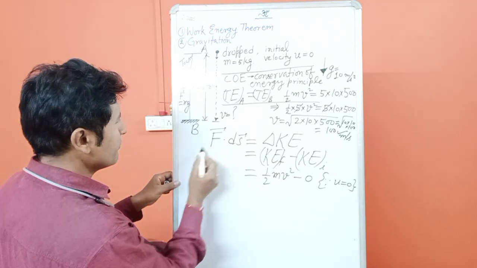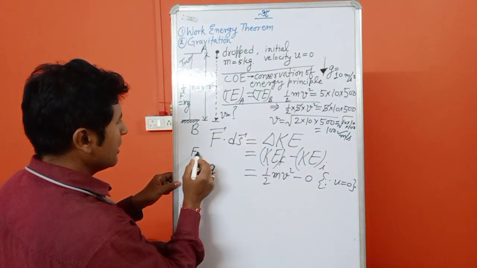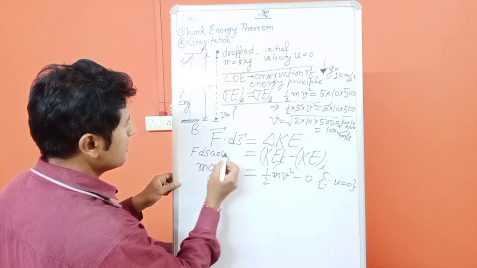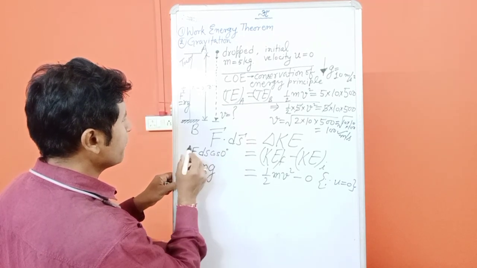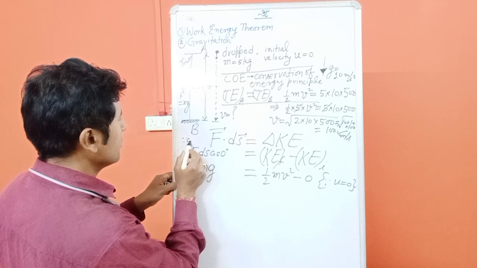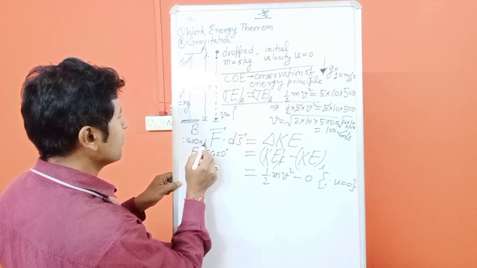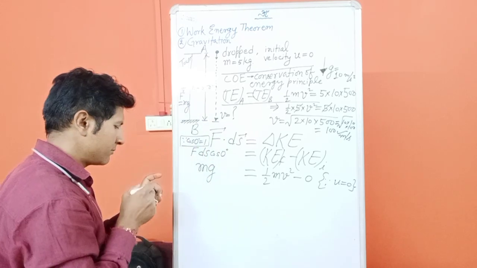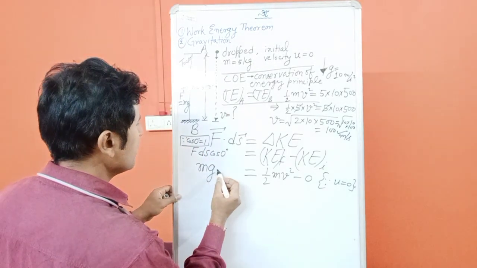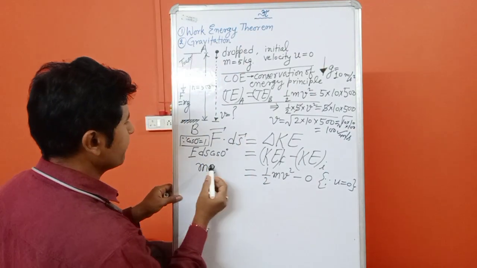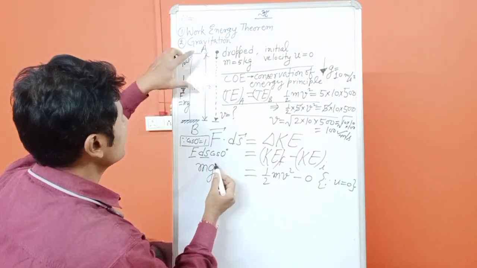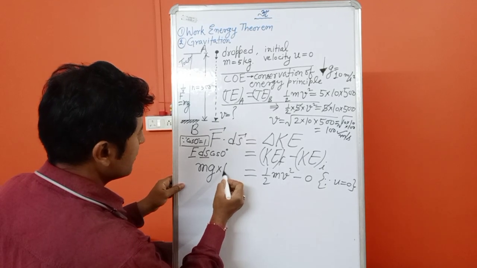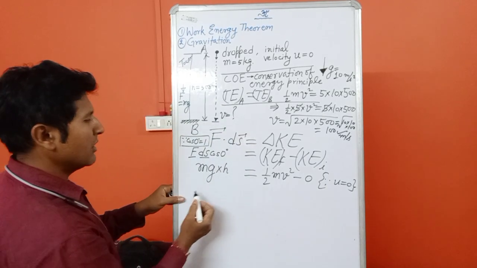So what is the formula? F into ds into cos 0, right? Now what is the value of cos 0? Cos 0, the value will be 1, right? So that's the reason mg is the force F and ds is this height. So that's the reason we just mention it like this, mgh.